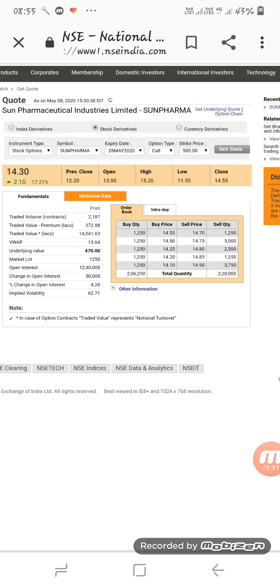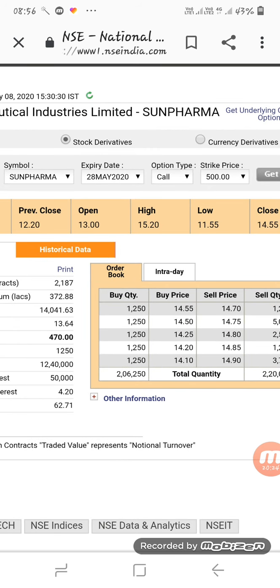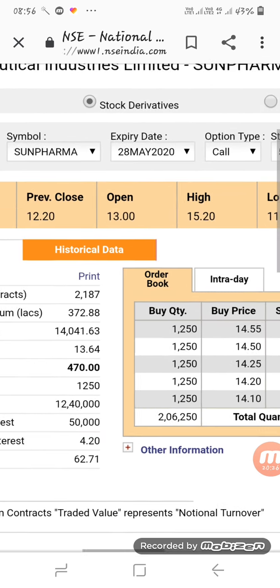When we play in the cash segment, we need more capital. If we really buy Sun Pharma, we need to pay 470, and if we think that 470 is going to become 500, we need to pay 470. But if we do the same thing in the derivative market, we just need to pay around 14.30, or in this case the previous open was around 13 rupees.